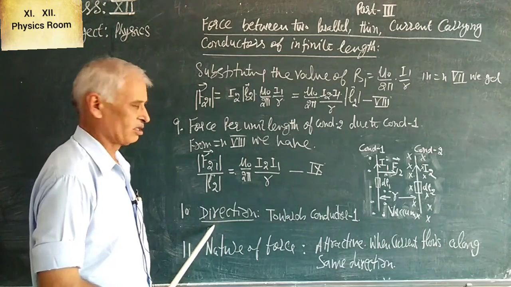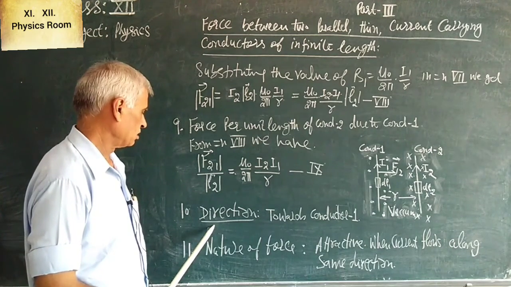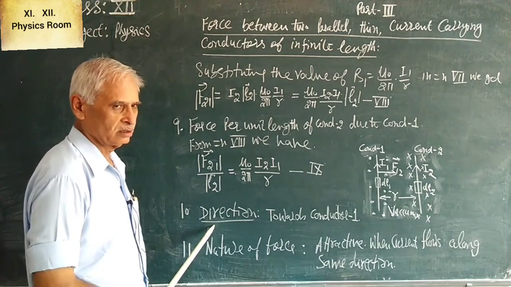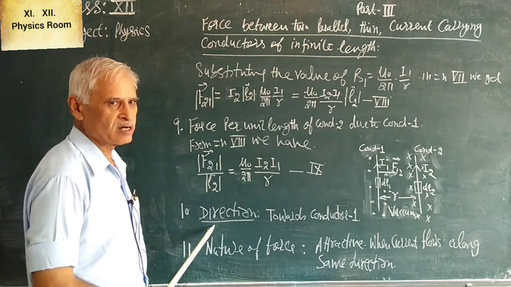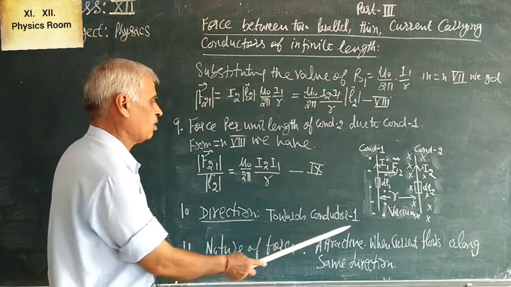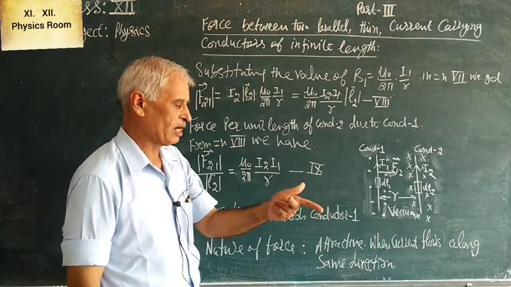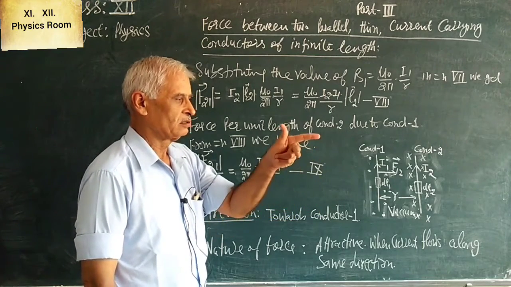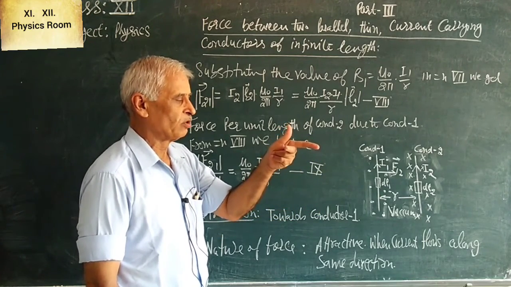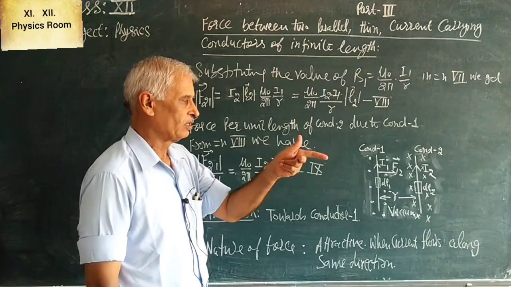Now, direction. How do we find direction? Using Fleming's left hand rule, we find direction. So it will be towards conductor 1. How? See this left hand: separate the forefinger, middle finger and thumb at right angles to each other.